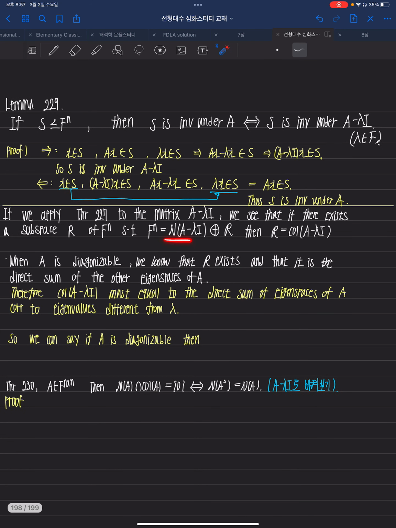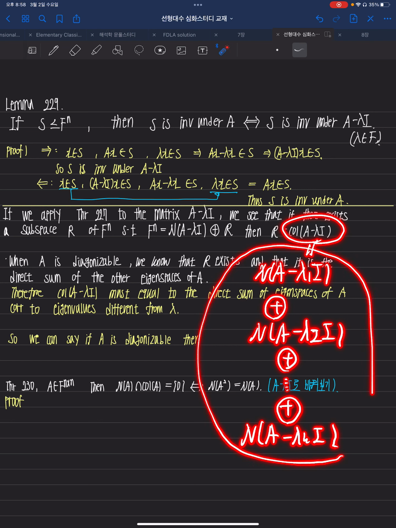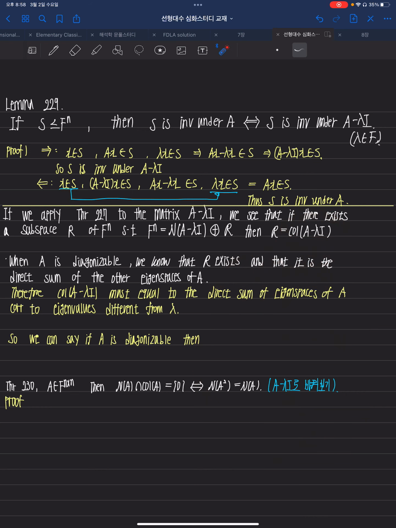So R, that is the column space of A minus lambda I, must be the null space of A minus lambda 1 I plus the null space of A minus lambda 2 I plus up to the null space of A minus lambda K I, where each lambda i is not equal to lambda.